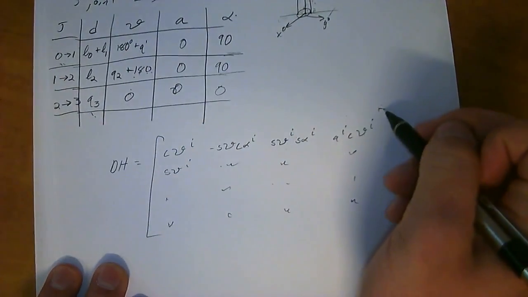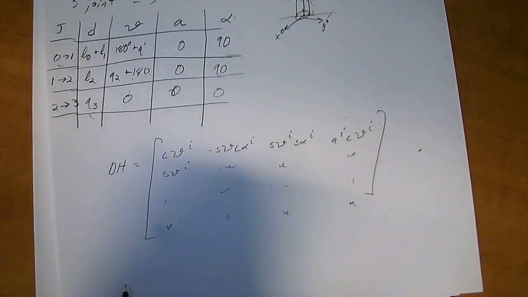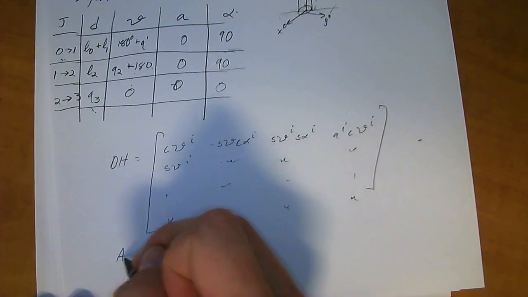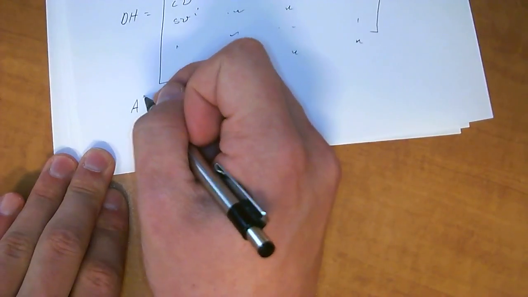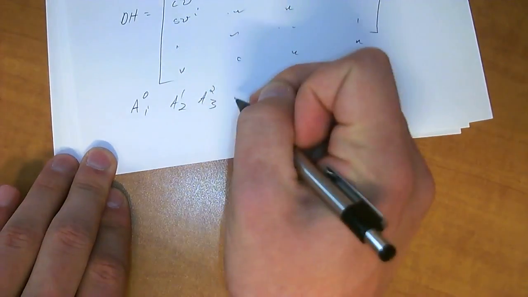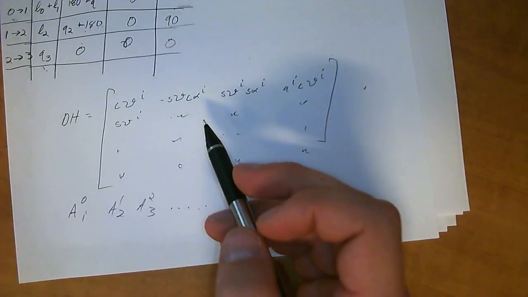So, using this, you are able to find the homogeneous equations of A, say 0 to 1, A1 to 2, A2 to 3, and so on, using this matrix.